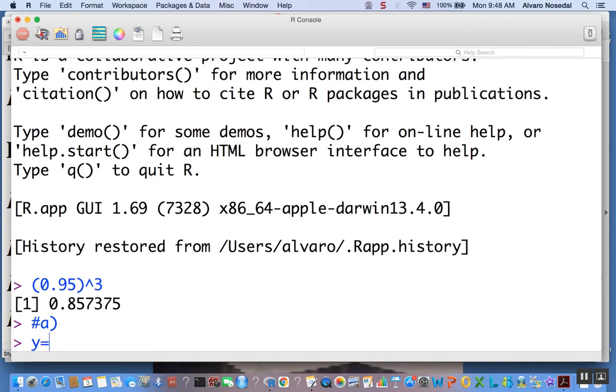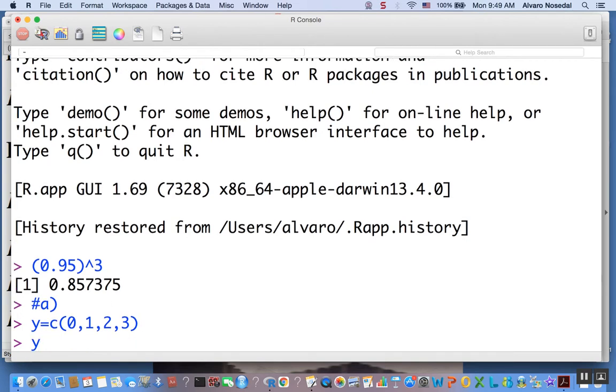First we said that Y could be 0, 1, 2, or 3, and I'm using this R command, c, concatenate, and the equals sign to make the assignment. So I'm saving these in this object that I labeled just lowercase y.